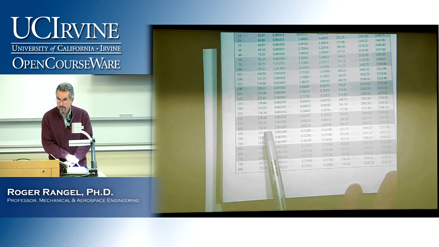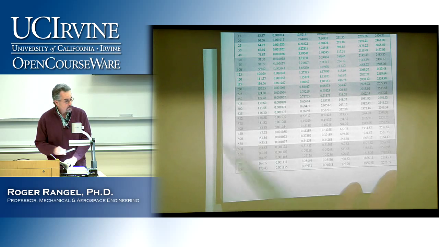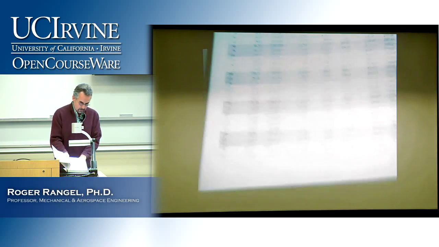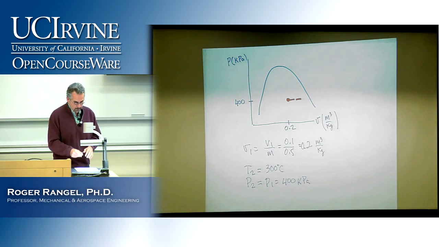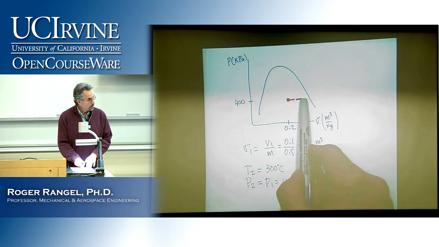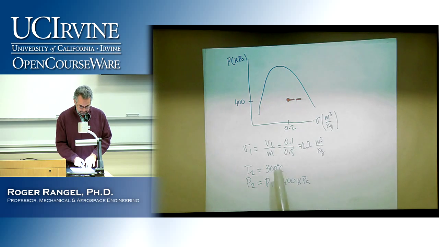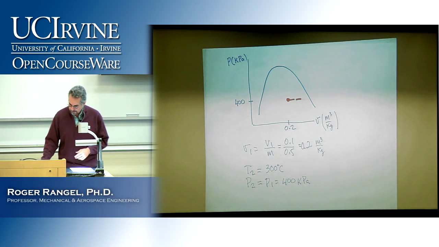The saturation temperature. So we know that at 400, the saturation temperature is about 144 Celsius. So that would be the saturation temperature corresponding to this 400, for any state inside the dome here. But since our temperature is 300, it's clear then that we're superheated.